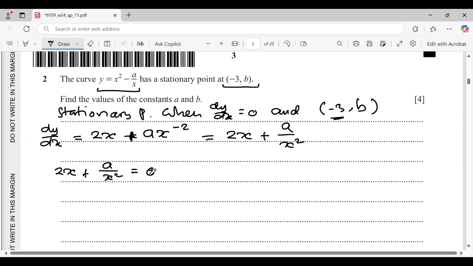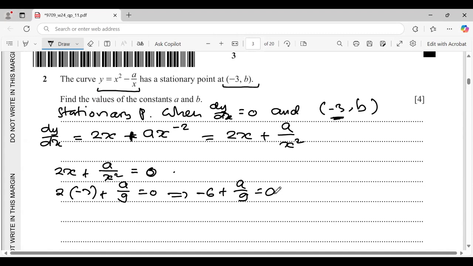And substitute x equals minus 3 into this equation. So it becomes 2 times minus 3 plus a over 9 equals 0. This is minus 6 plus a over 9 equals 0.